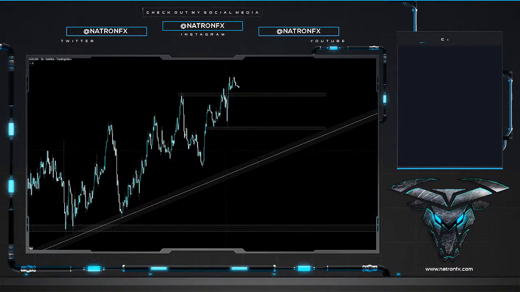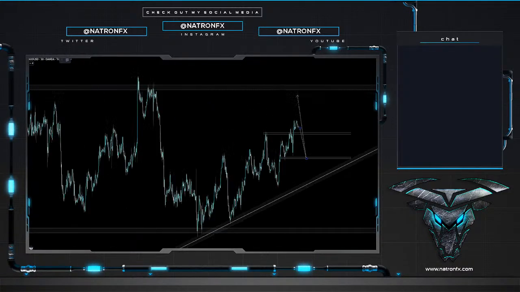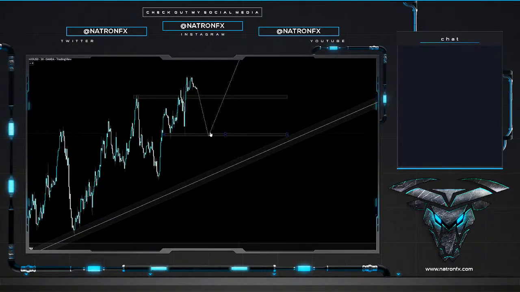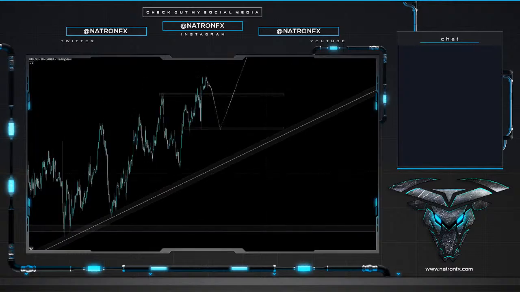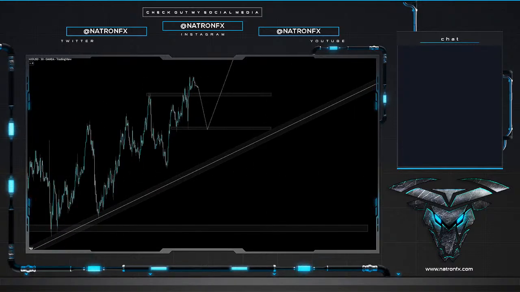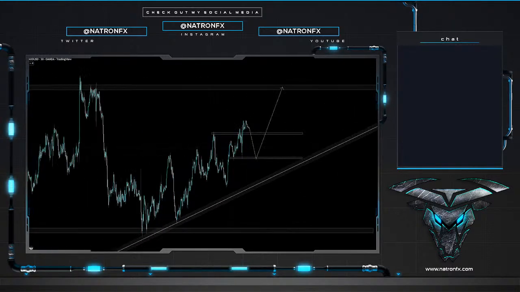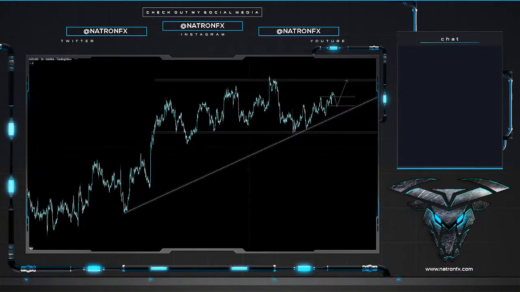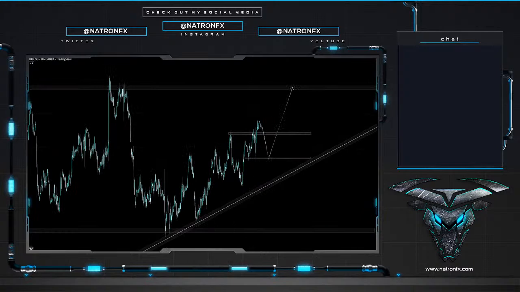If we were looking for some upside, I don't know, I kind of see a pullback first. Just trying to see what possibilities are.